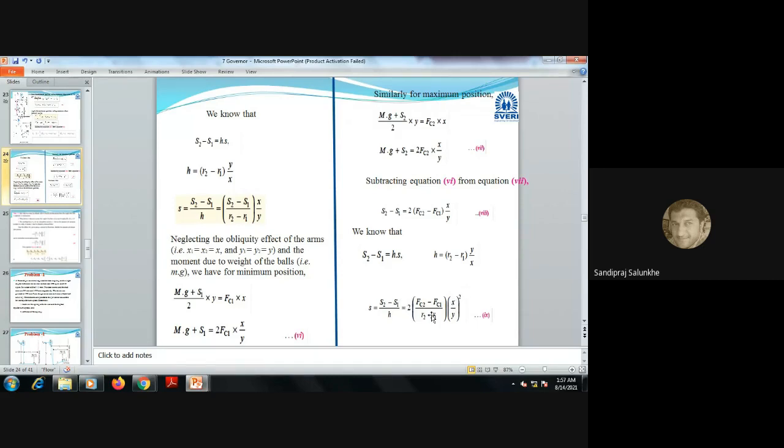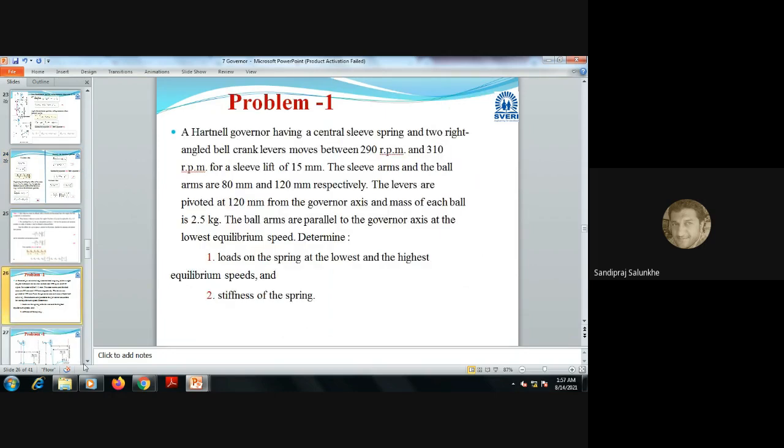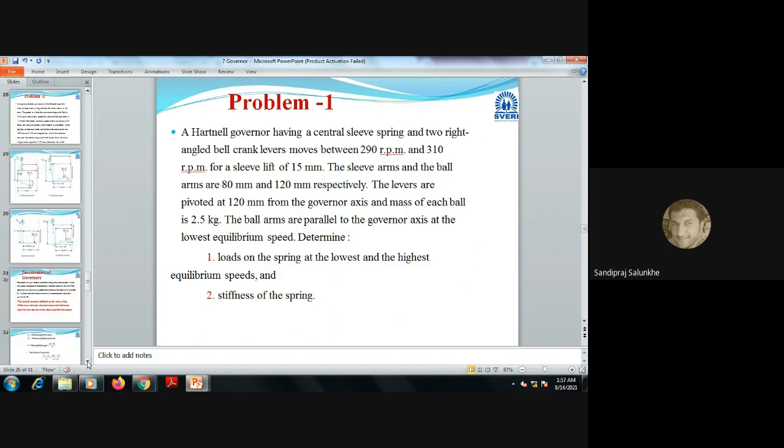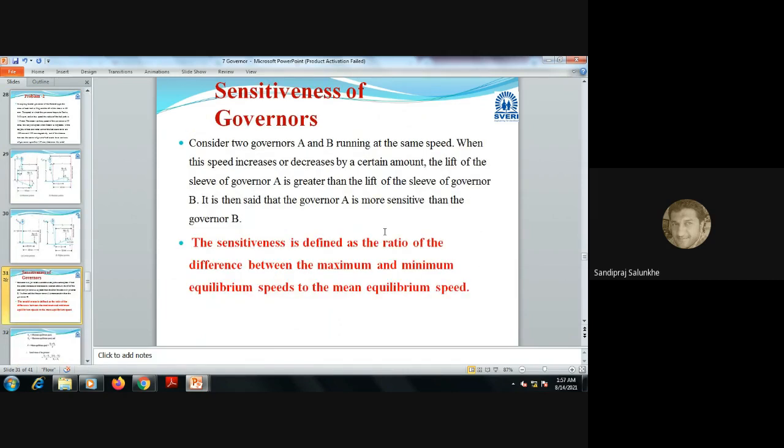So from this equation we can calculate the maximum spring force, minimum spring force, as well as height of that governor, and they become more stable. These are the problems which will not be asked in the exam now.